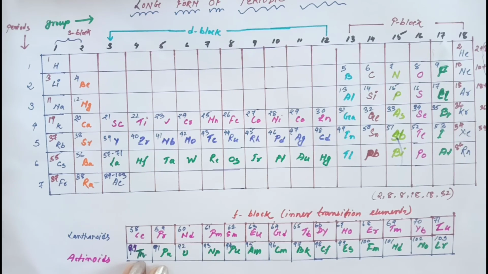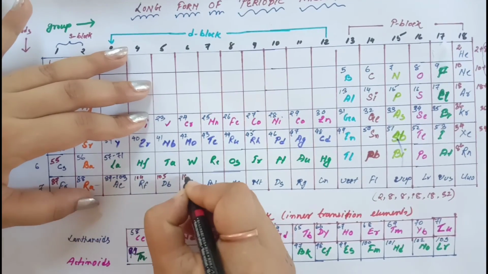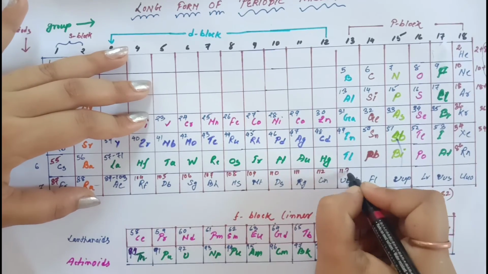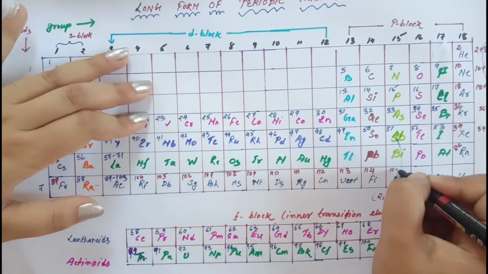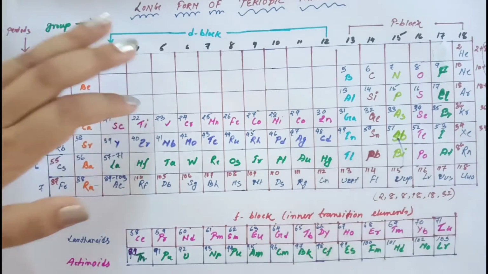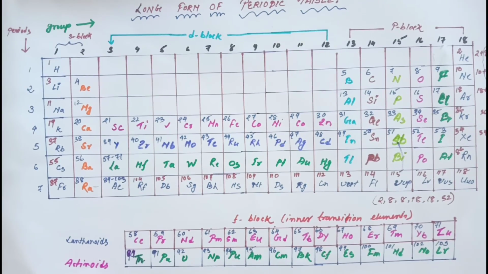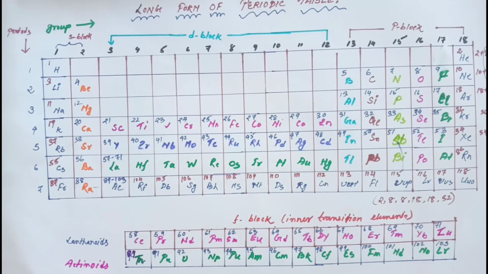These are also known as inner transition elements. So this is all about the modern periodic table. So you have to remember at least 40 elements with their atomic numbers. The nomenclature of elements with atomic number above 100 we'll discuss in our next class.